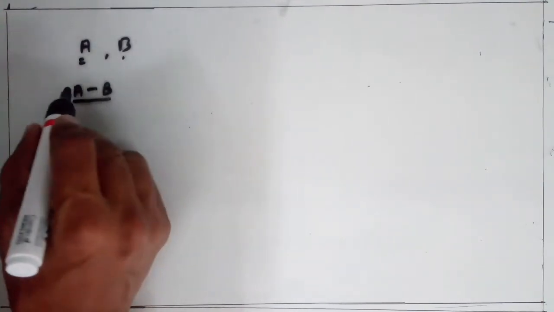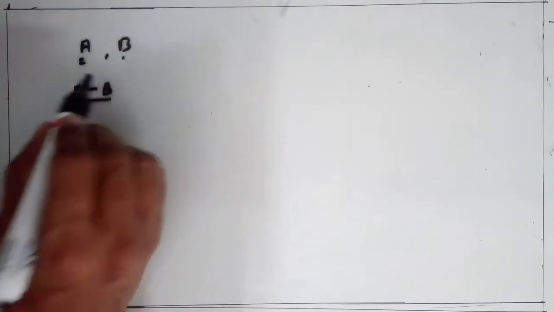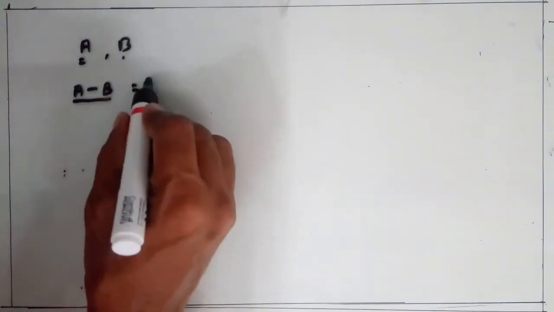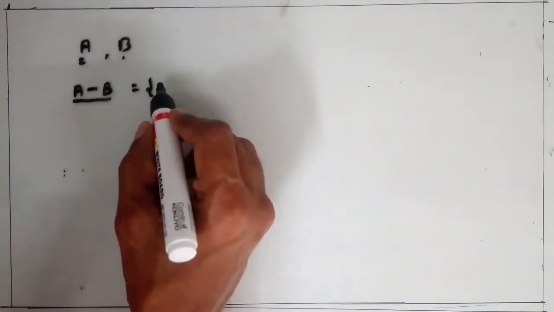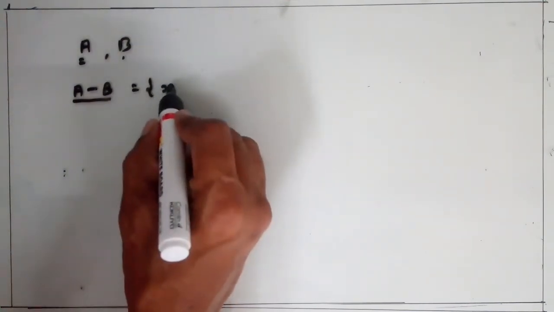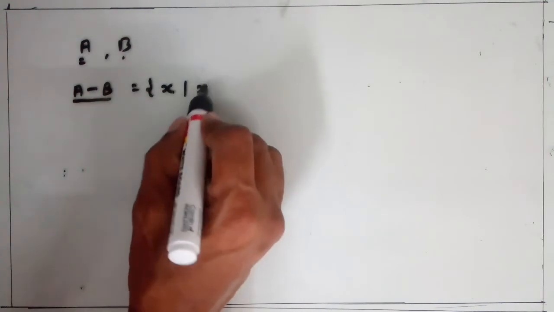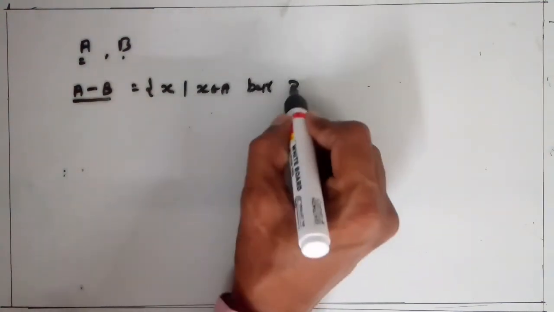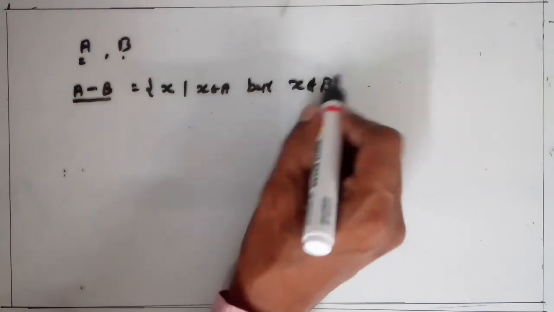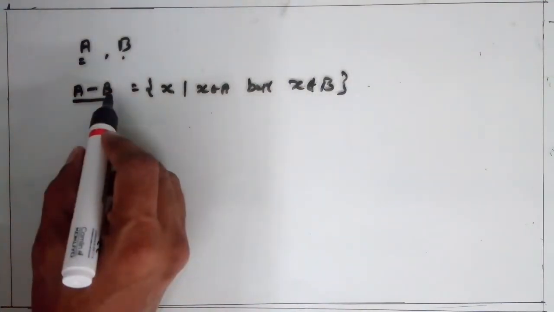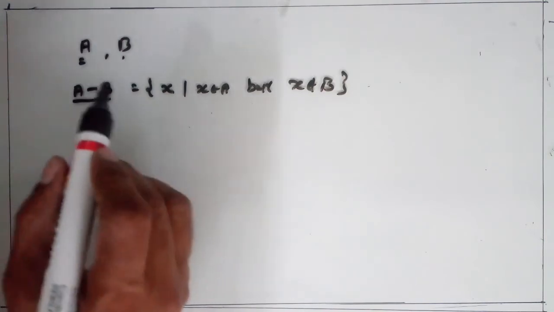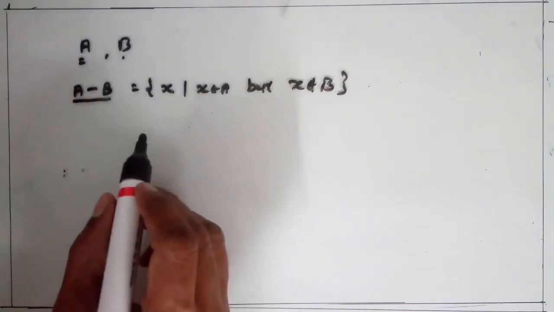So the set of all elements which are in A but not in B is called the difference set of A and B. Now in set builder form, A − B is equal to {x : x belongs to A but x does not belong to B}. That is the set of all elements which lie in the first set but do not lie in the second set. Clear this?